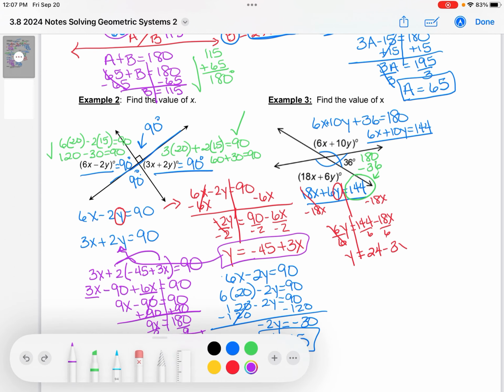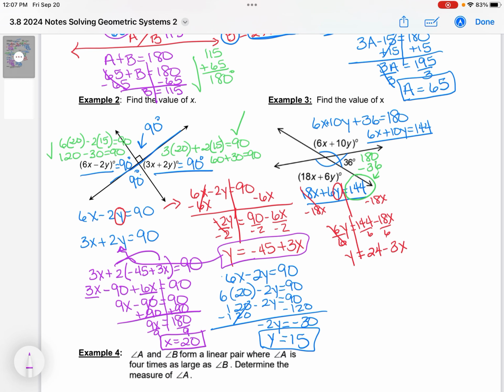Okay, I'm going to take this and I'm going to substitute it into this one. So I'm going to have 6x plus 10 times 24 minus 3x equals 144. And I have to distribute. 240 minus 30x equals 144.